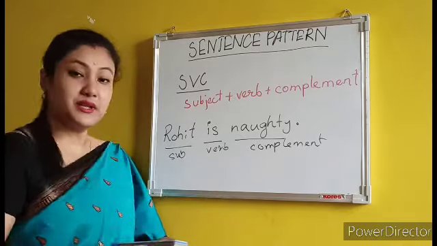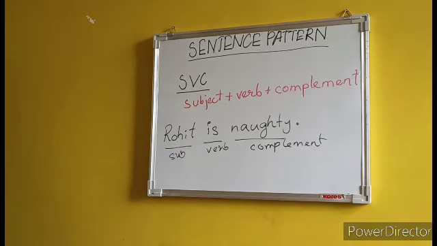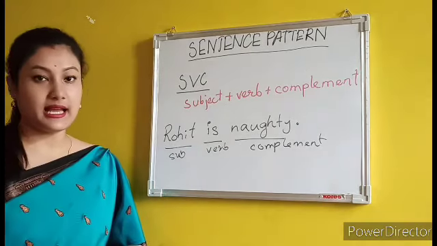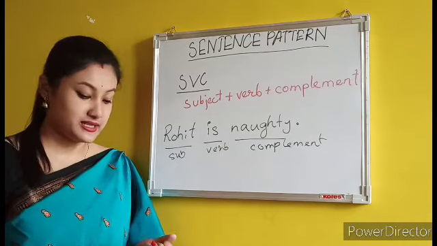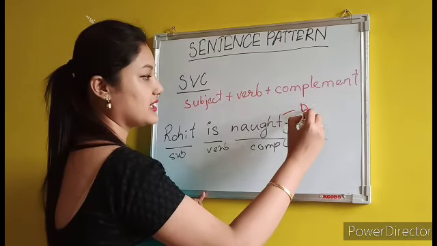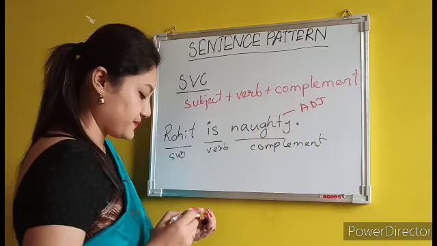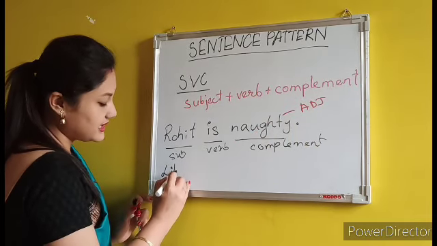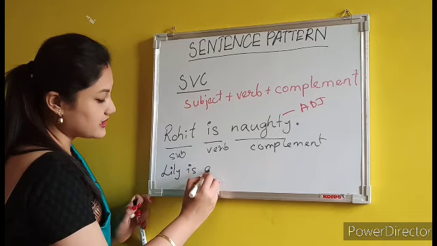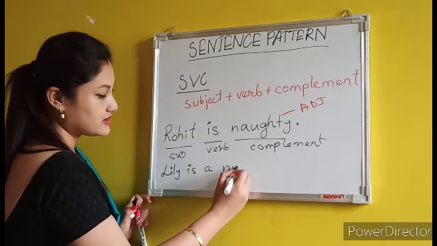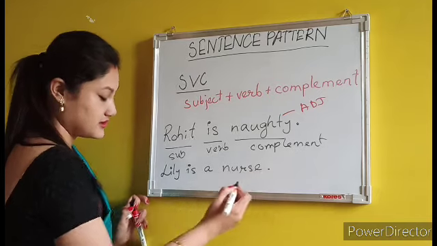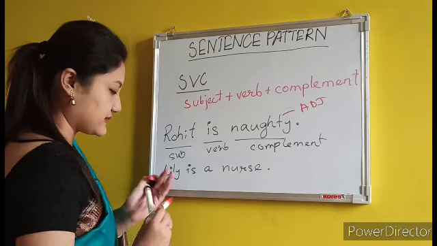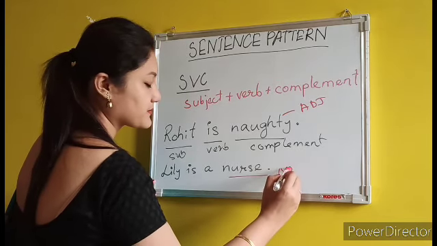So a complement can be a noun or an adjective. Here the complement is an adjective. But in the sentence Lily is a nurse, the complement is a noun.